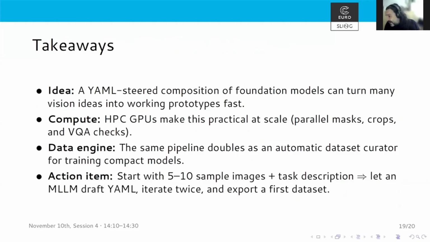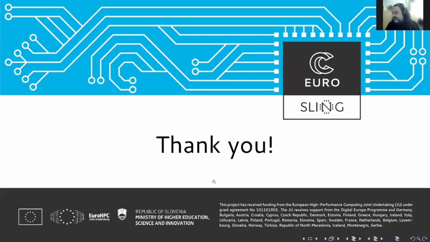We get the results out. These results by themselves may be what we want, but if not, we can use them to actually train smaller models. So, this would be it. Thank you.